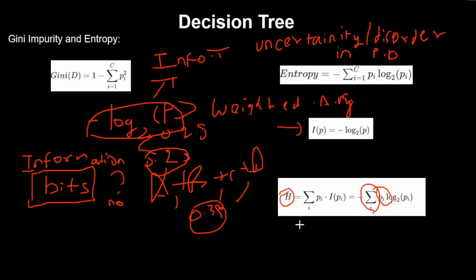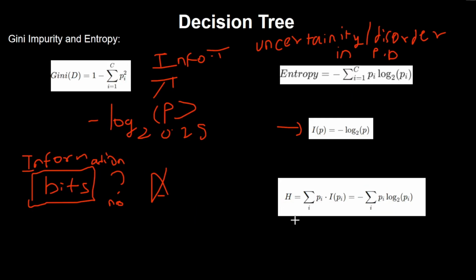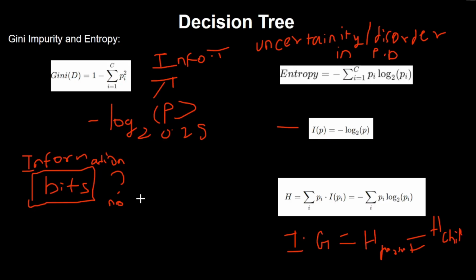After calculating the entropy, the next thing we need to calculate is the information gain. Information gain is nothing but the entropy of the parent minus the entropy of the child. While splitting, we'll have parent and child nodes in the tree, right? So we'll calculate the entropy, which is the measure of uncertainty.